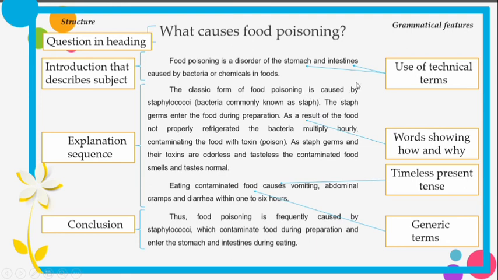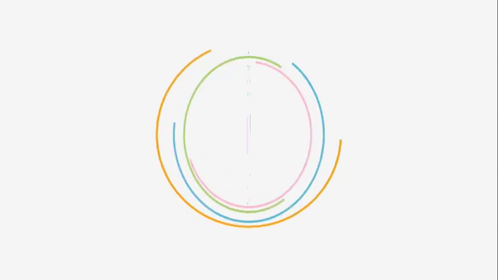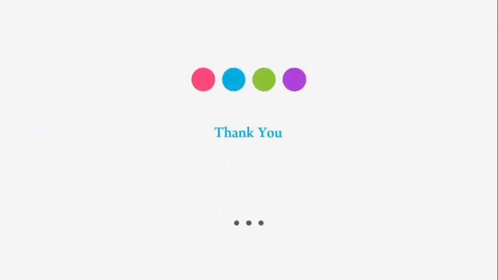"Is caused by" indicates the sentence is in passive voice. So those are the explanations of explanation text. Yeah, this is the last slide of mine. So it indicates that the explanation of the learning activity today is enough. That's all about the explanation text.